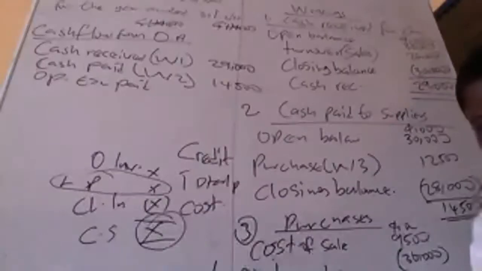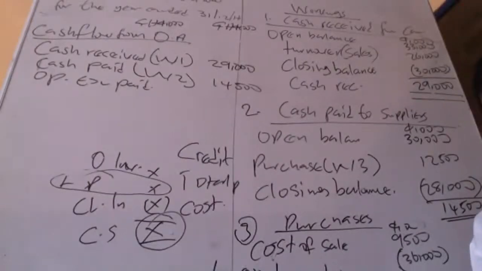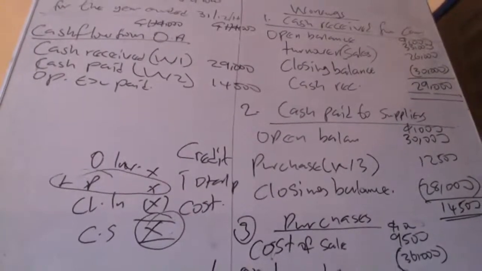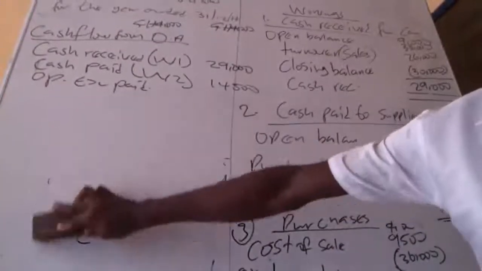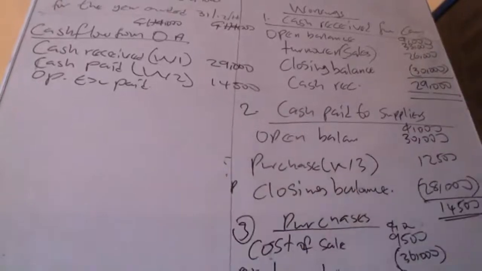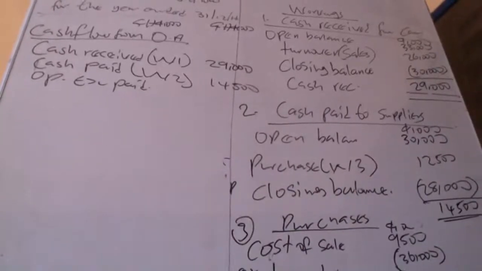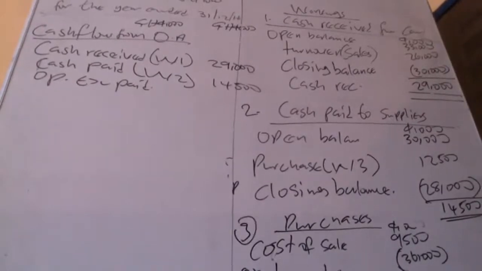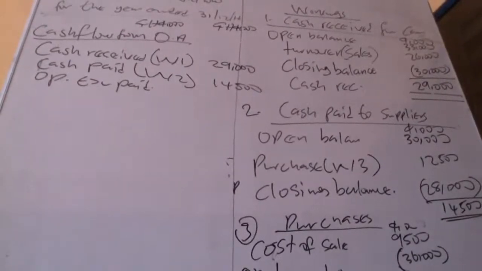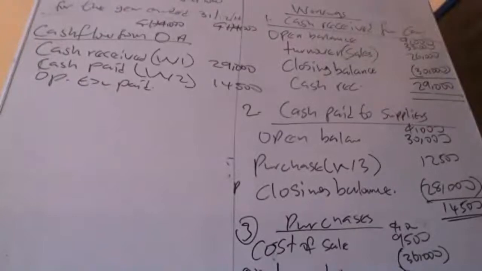If there's any non-cash item, you'll probably reverse it. So, kindly get the workings for me. I'll take them off and do the next workings there. The operating expenses, you have to work on it. So kindly get that one for me, and then let's move on.